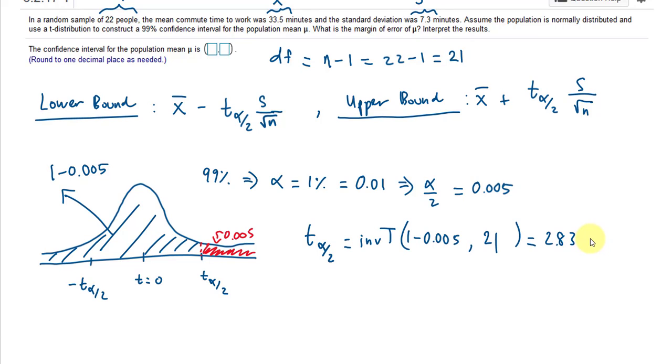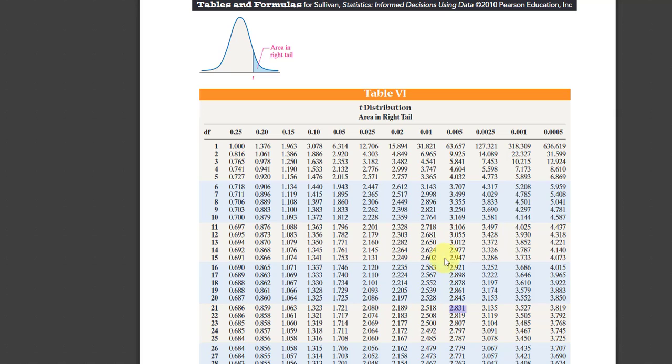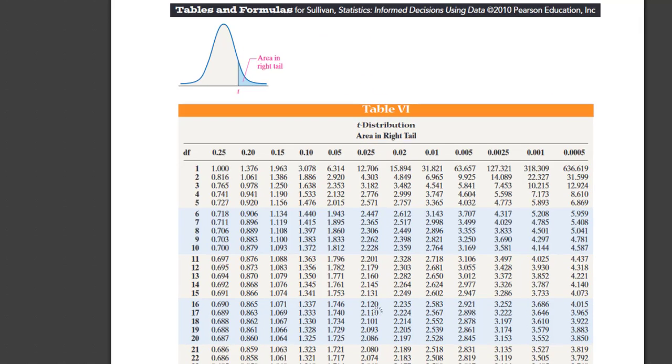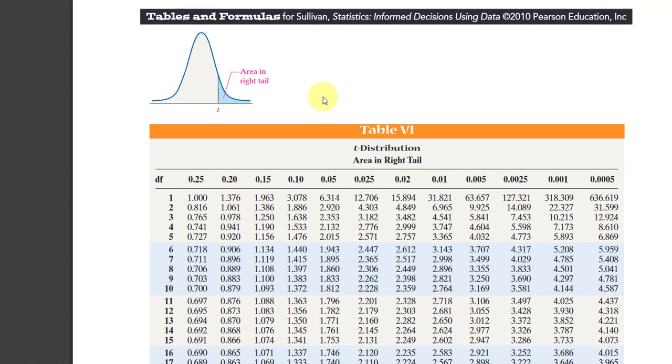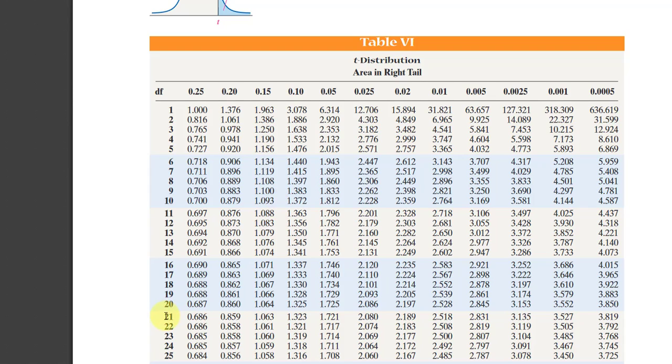Now, if you don't have the graphing calculator, then you can also use the t-distribution table. Let's open that up. Okay, we have degrees of freedom 21, so that should be this row right here.